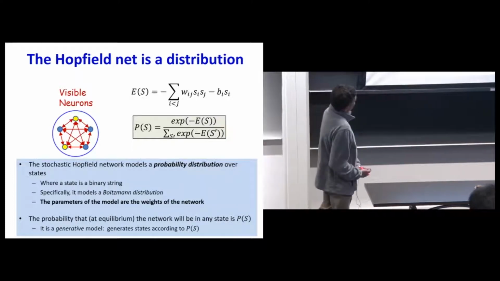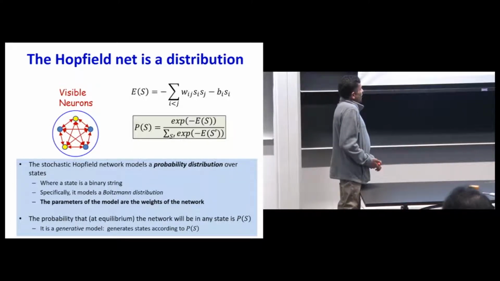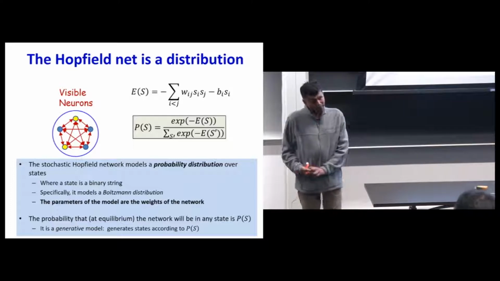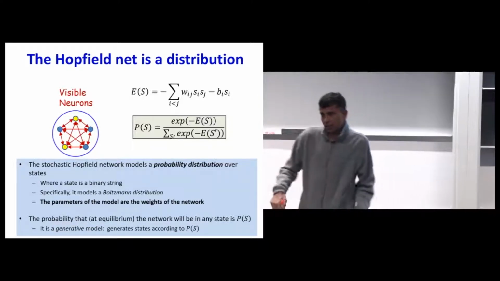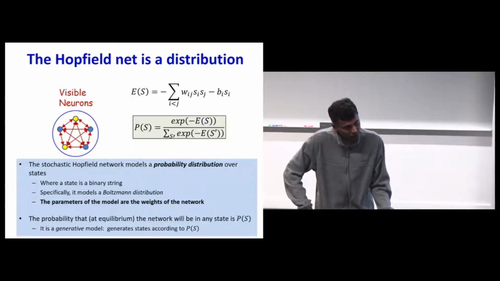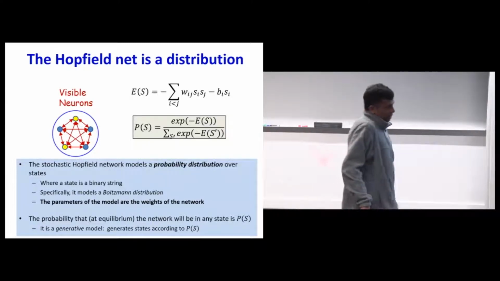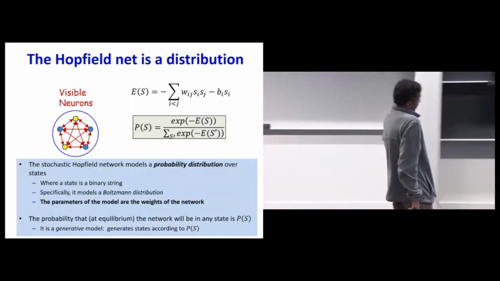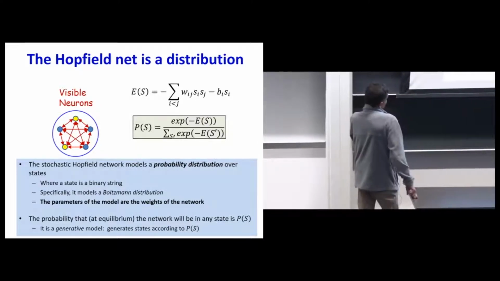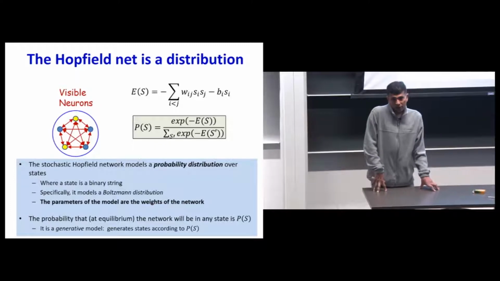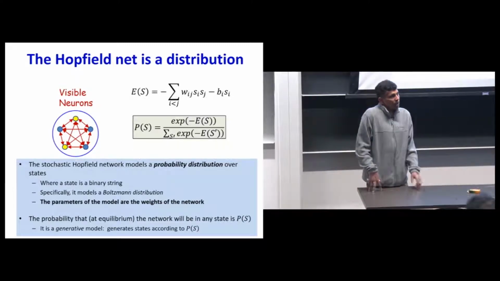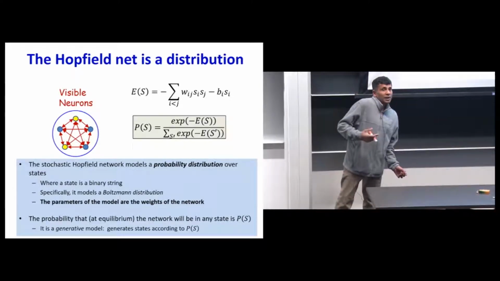The way we did that was that we made the network stochastic, and now we said that the system is not deterministically in any particular configuration. It's stochastically in a configuration, and we'll see exactly what this means in a few minutes. Now, all of this was based on the equivalence to thermodynamic systems.